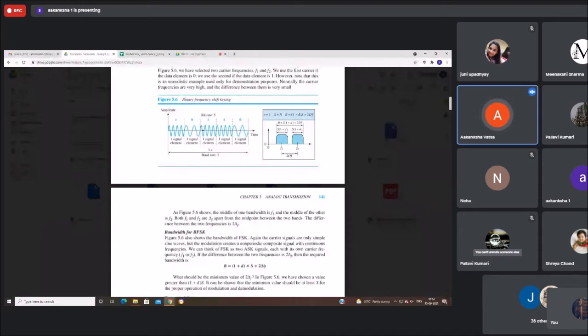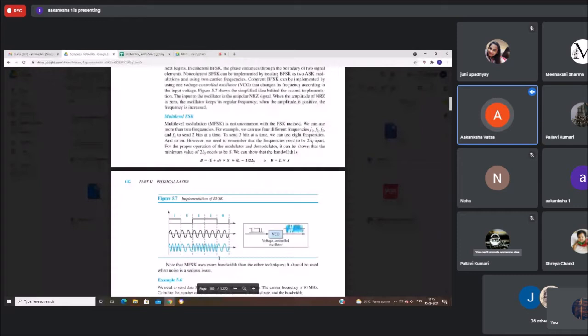Because only we are changing the frequency, that is the number of signal changes per unit of time. So here the 1 is represented with high frequency signal, and 0 is represented with low frequency signal. Now you can see when 1 was transmitted, this sine wave took 4 cycles. 1, 2, 3, 4.